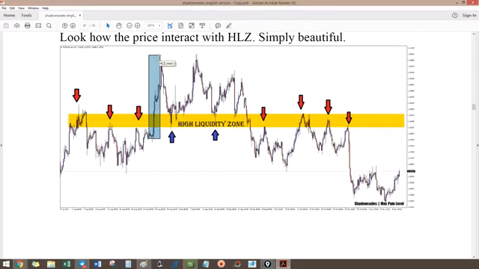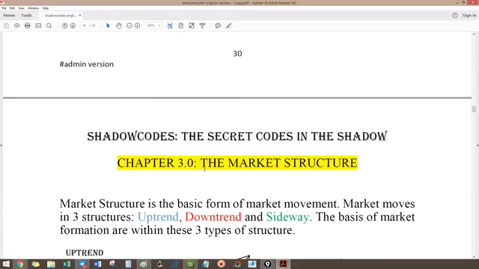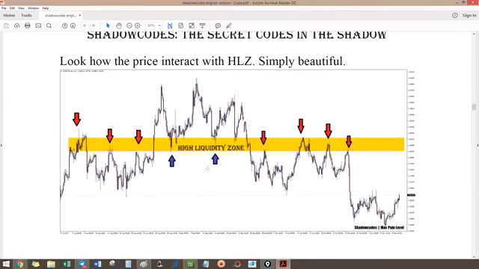After it breaks, it acts as a support, and after it gets broken, it acts as a resistance. So this is a very high liquidity zone.